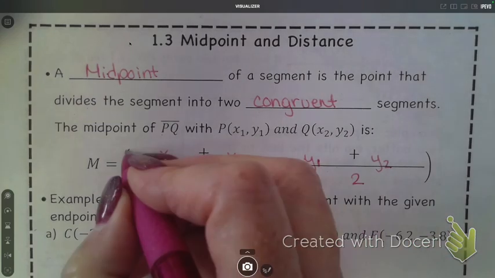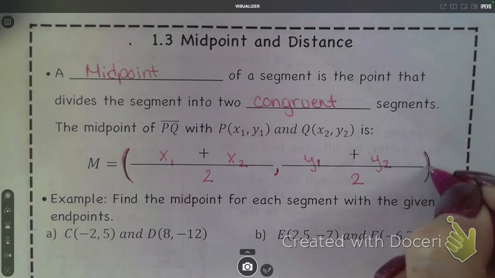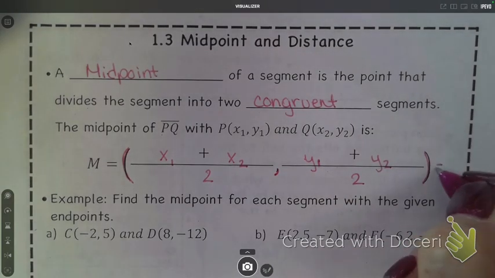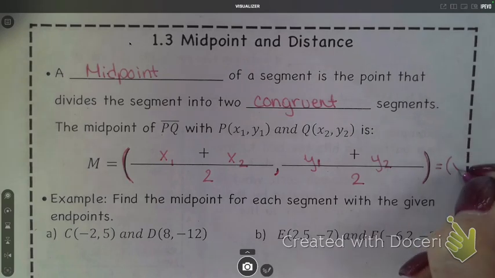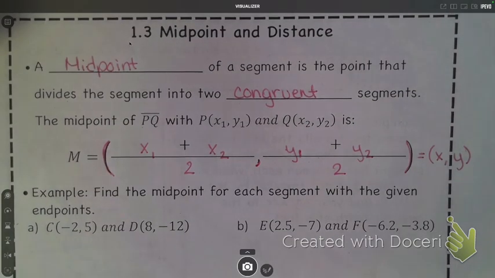And if you notice, this is in parentheses. See that? So when you're done, you have an (x, y) that you can graph on a coordinate plane or just write.